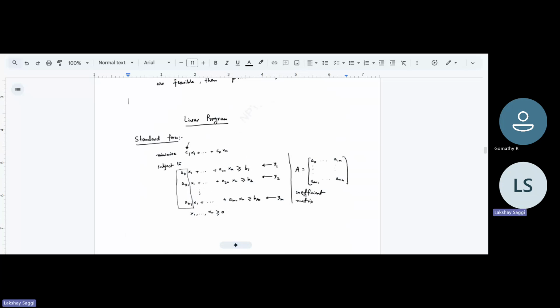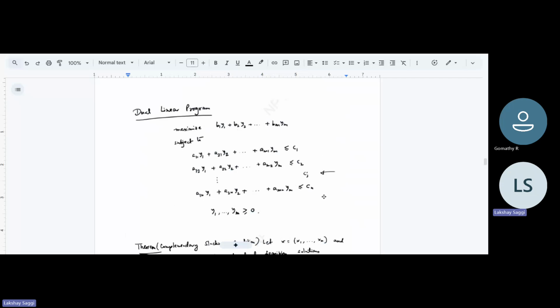In these constraints, as you can see, the dual of the dual LP is actually the primal LP again. So with the jth constraint, you have a coefficient of xj attached to it if you are trying to obtain the primal LP again from this dual LP.